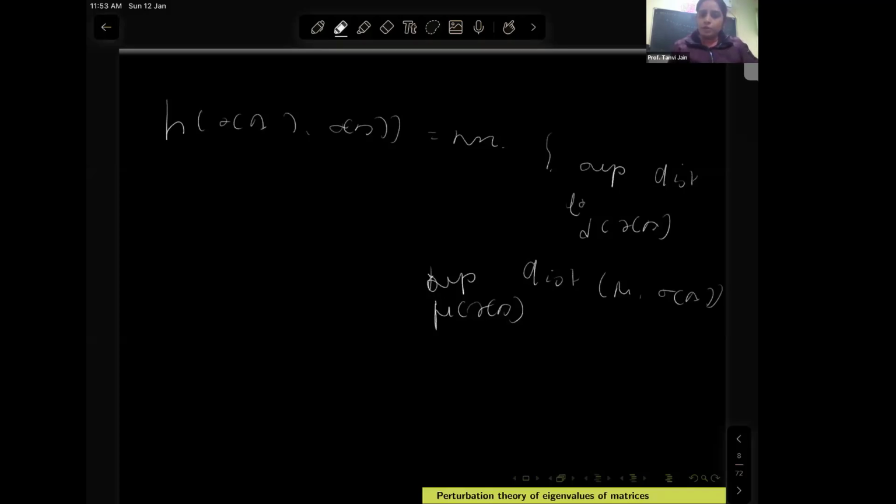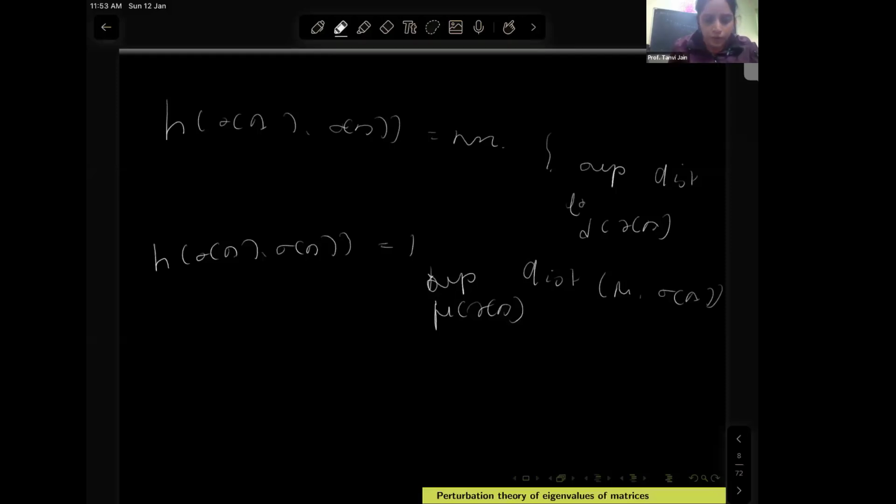Do the same thing with the other set, and you'll get a finite number of values. Take the maximum of those values. That is the Hausdorff metric between sigma A and sigma B. In our case, H(sigma A, sigma B) is equal to 1.